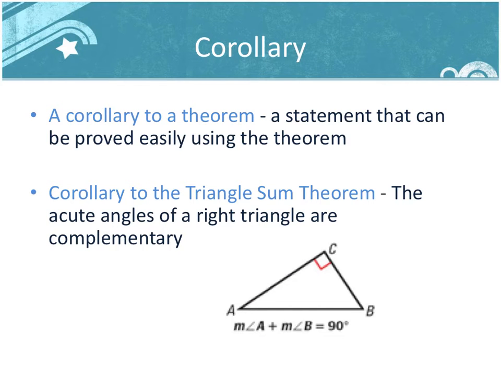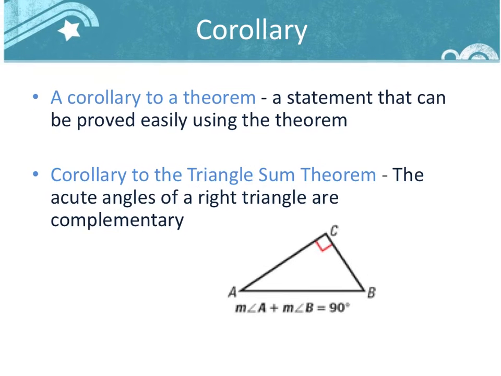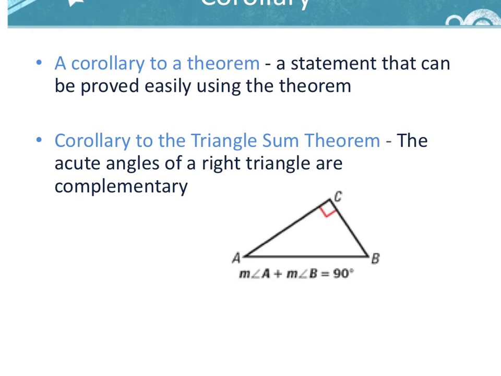So a corollary to a theorem is just a statement that can be proved easily by using the theorem. The corollary for the triangle sum theorem is that the acute angles of a right triangle are going to be complementary. If you think about it, we already learned that the triangle sum theorem states that the 3 angles add up to 180.